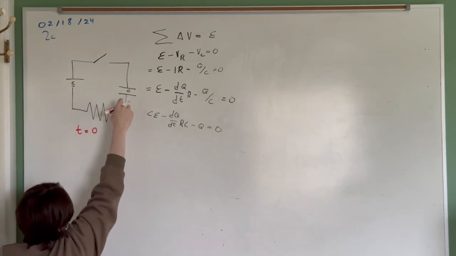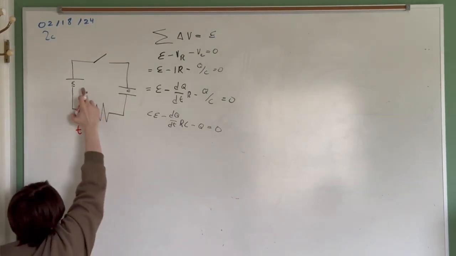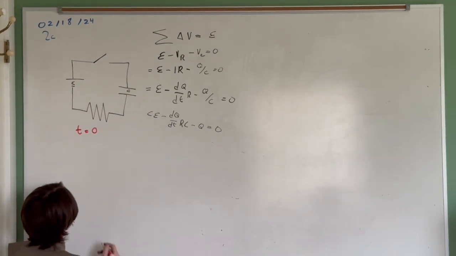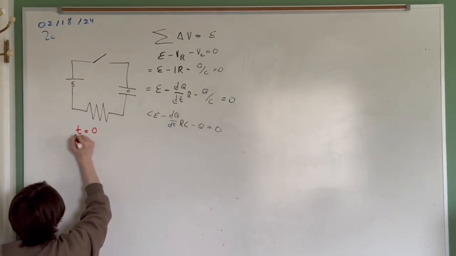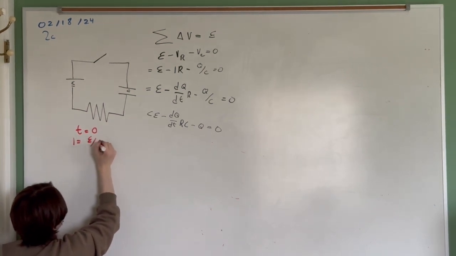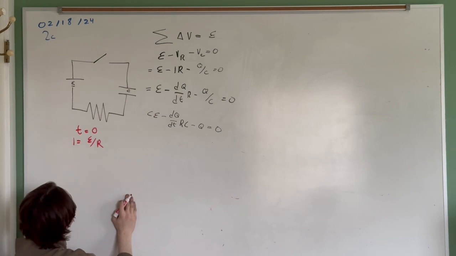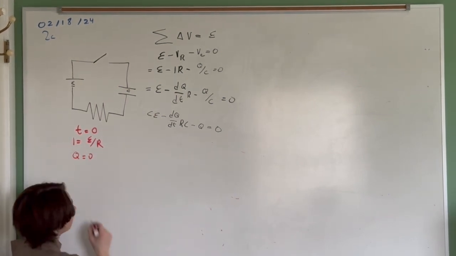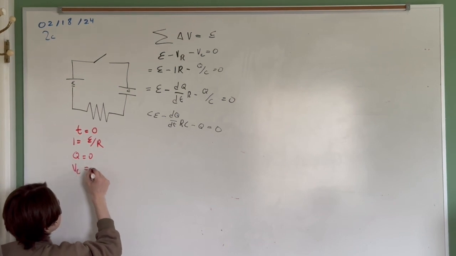So the capacitor is just acting like a wire at the beginning. We have epsilon driving a certain amount of current into the resistor. So at t equals 0, the current is just going to be equal to epsilon over R. And we know that the charge is going to be equal to 0, and also the voltage of the capacitor is therefore equal to 0.